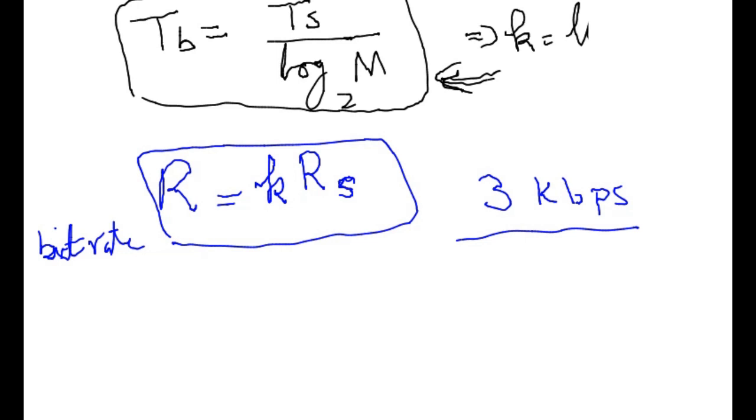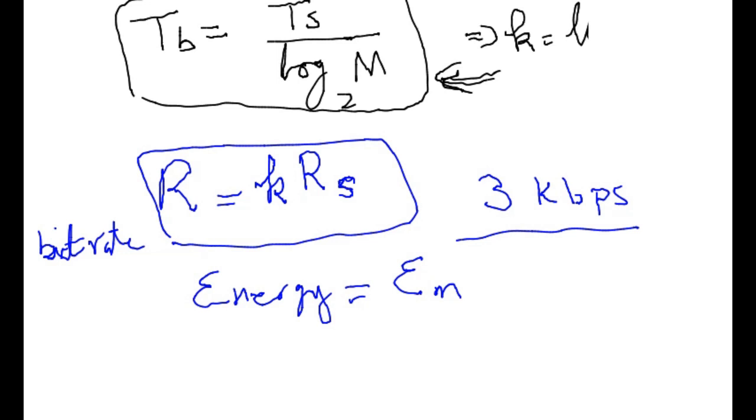Now sometimes, along with the bit interval, bit rate, and symbol rate, we are also interested in the average energy of our modulation scheme, the average energy for transmission. Suppose we represent the energy of our signal by E sub m.